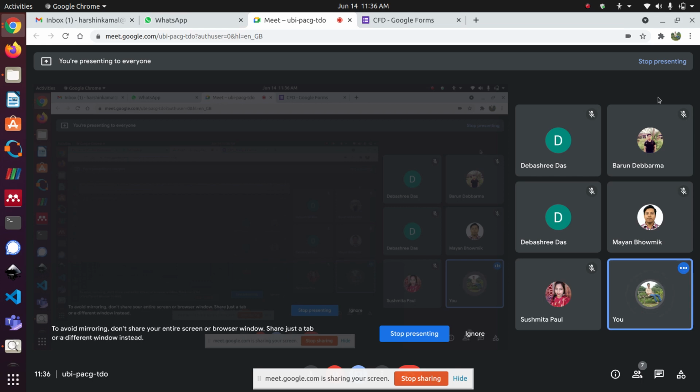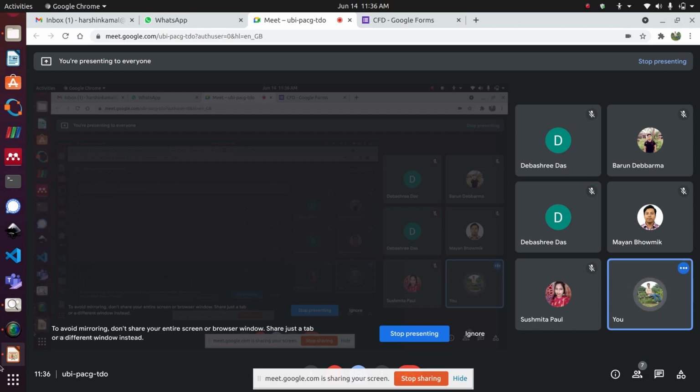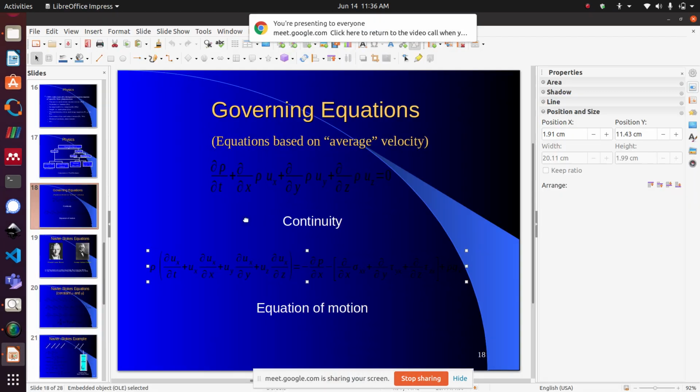In fluid dynamics, mostly the equation we deal with is the Navier-Stokes equation almost all the time. So this is a very, very important equation that we'll use very often.